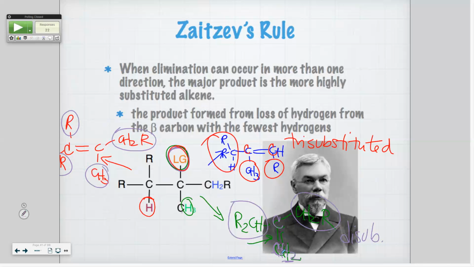It doesn't matter what they are, as long as they have a carbon there. So this is di-substituted. If you have this, it's going to be monosubstituted. It has 1 R group on it.